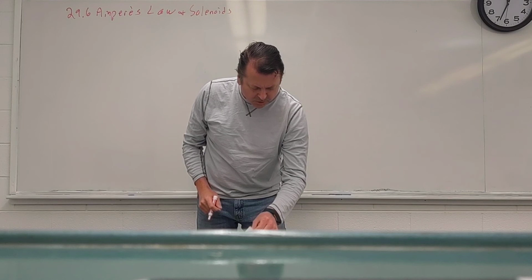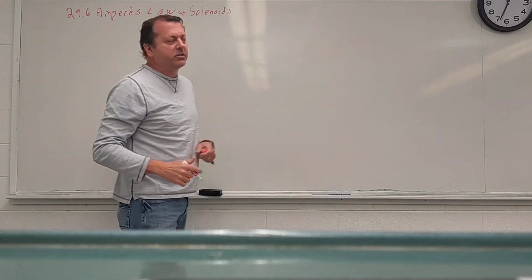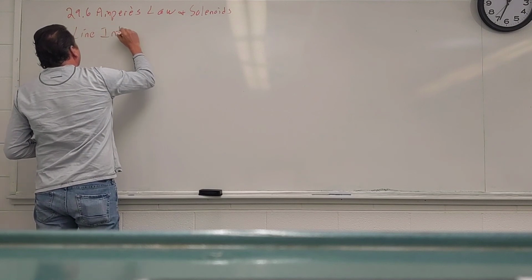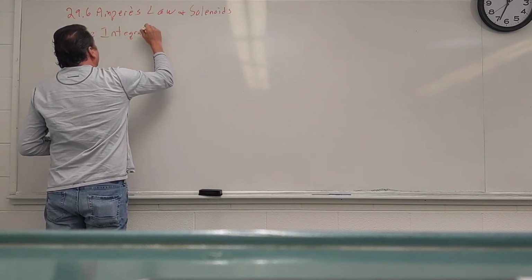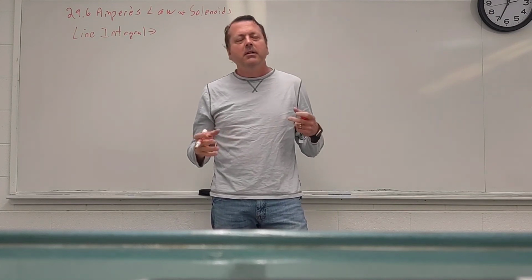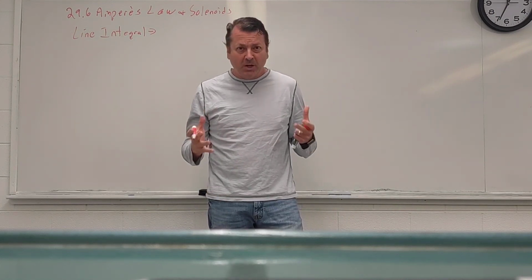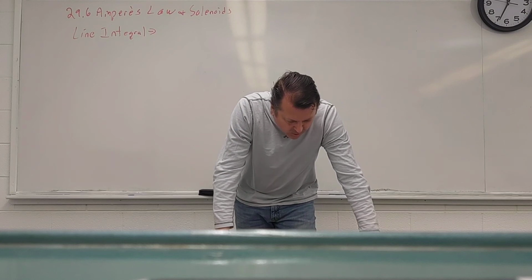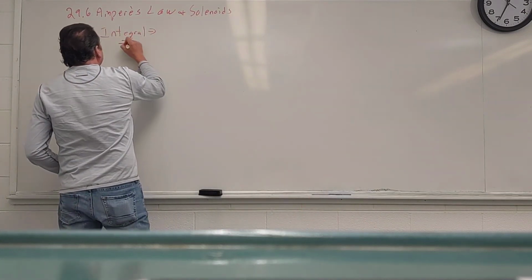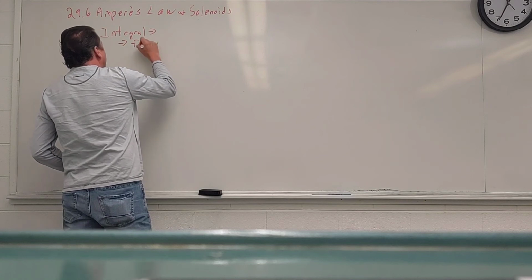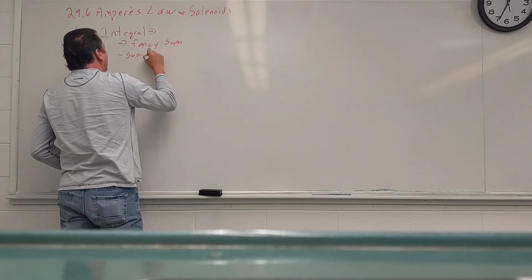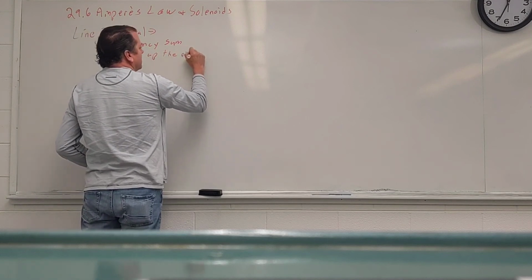Okay. To do Ampere's law, we have to do what's called a line integral. A line integral is a fancy way of doing an integral rather than just summing things up. But really, I like how the book says it's just a fancy sum.